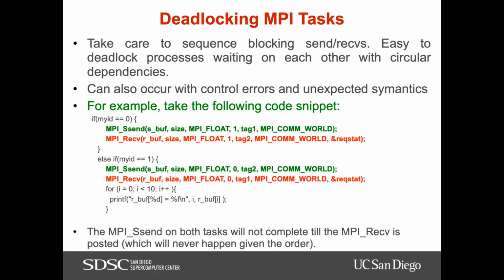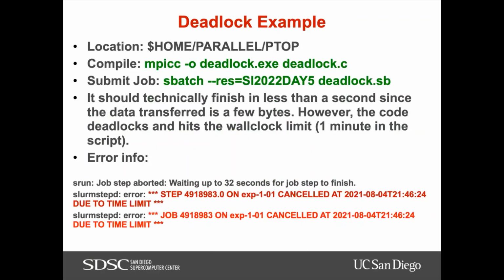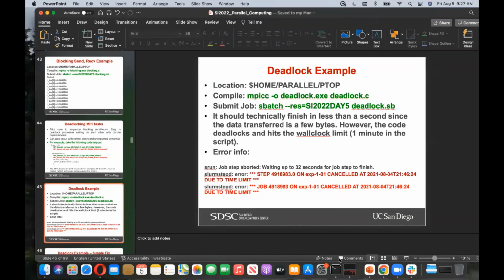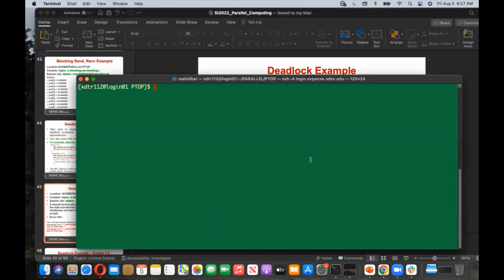And it'll never get to those because the send is blocking them. This is a very simplified example, but this can happen in a subtle way if you're writing some big code and don't realize that this is the case. So I have an example called deadlock.c. You can take a look at that. Let me pop the thing up.